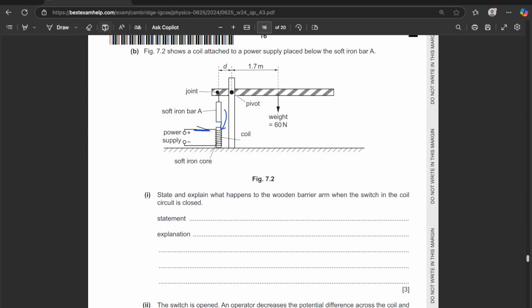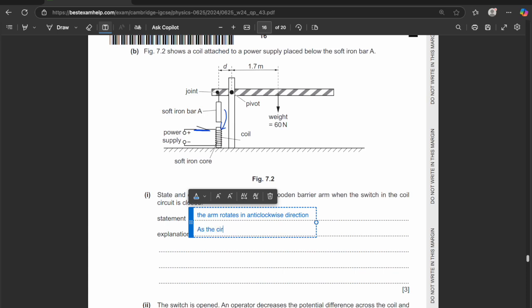So the statement is that the arm rotates in anti-clockwise direction. So why, right?